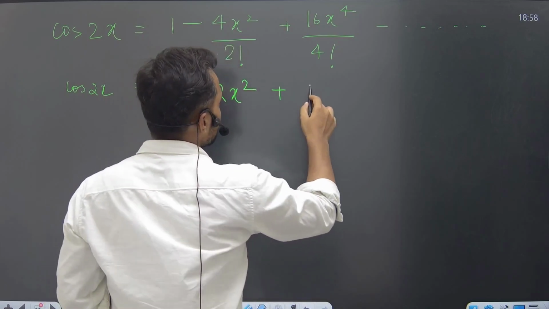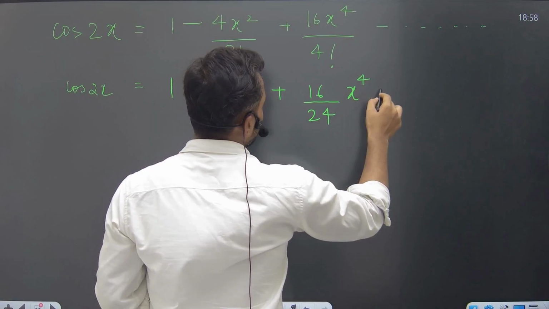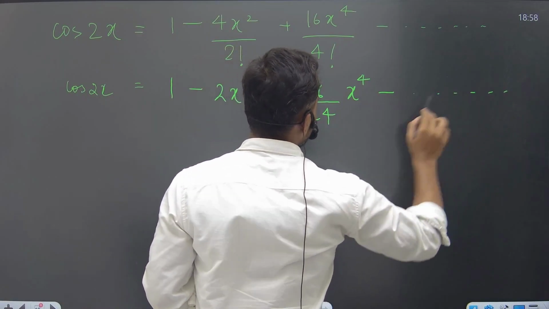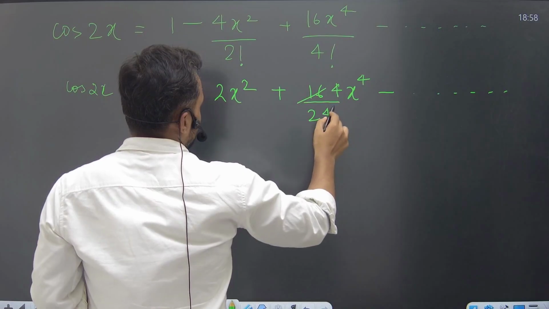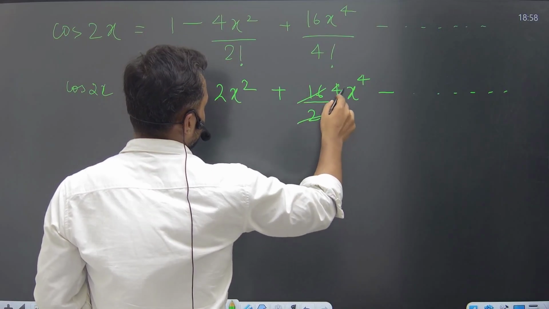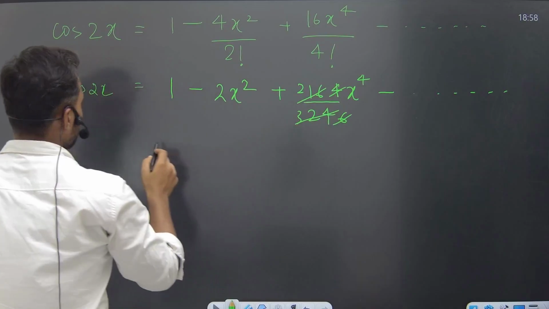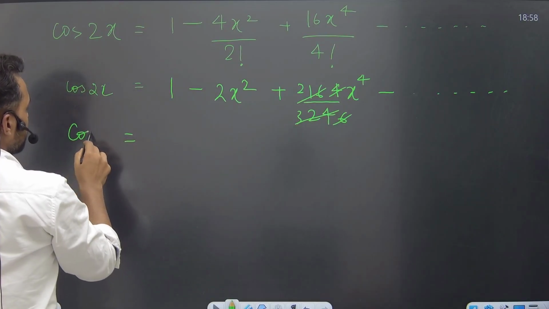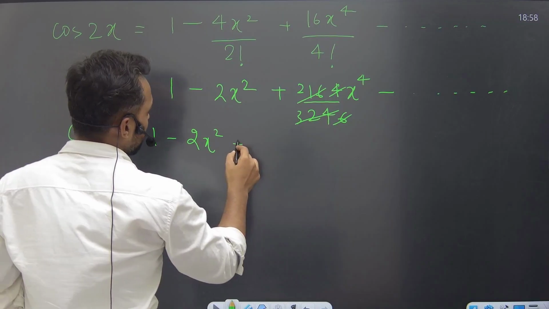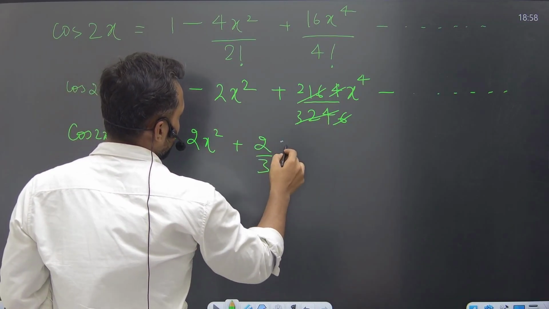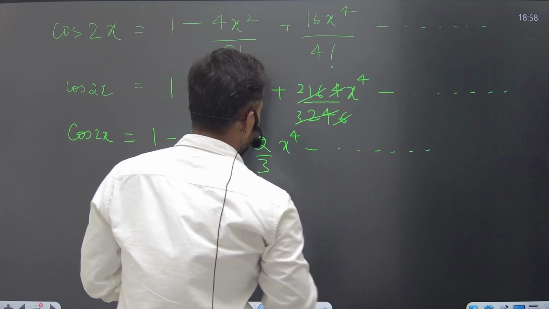So it will be 16 upon 24 x power 4 minus, this is how the series will go on. Now I've cancelled the term here, so I'll get cos 2x equals 1 minus 2x square plus 2 by 3 x power 4 minus, this is how the series will expand.